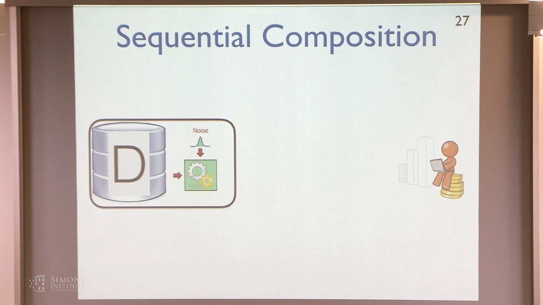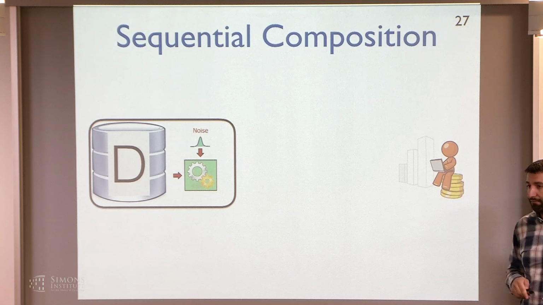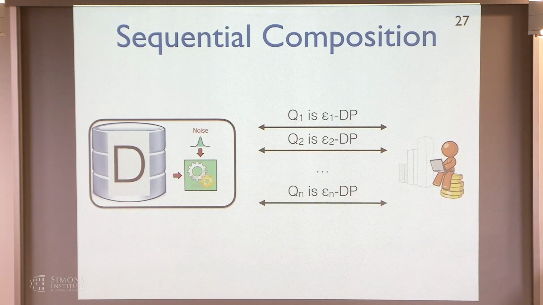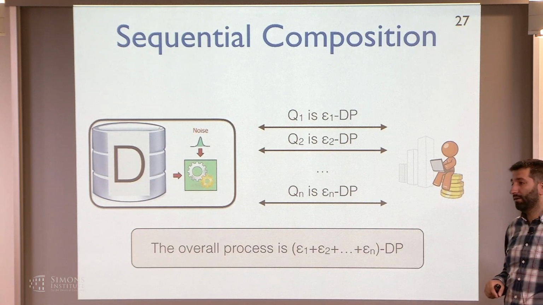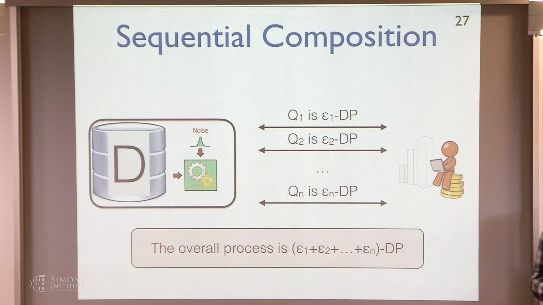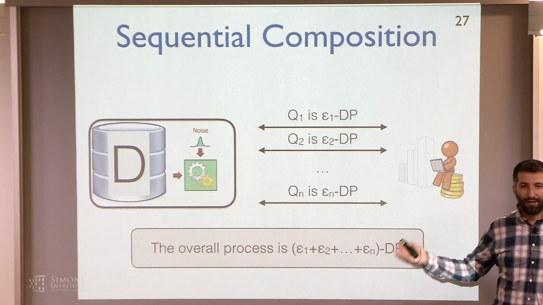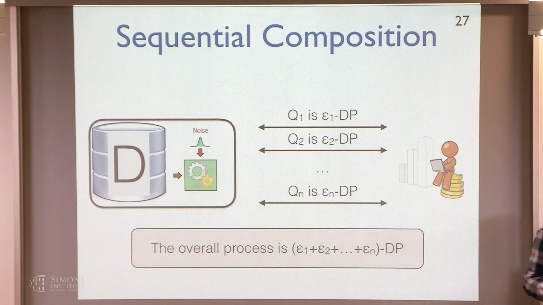So for instance, we have what in general we can call a sequential composition that says if we run multiple queries, and each one of them is differentially private for some parameter epsilon, then the overall process can be considered differentially private with the sum of the parameters. Of course, this is the basic composition of differential privacy.